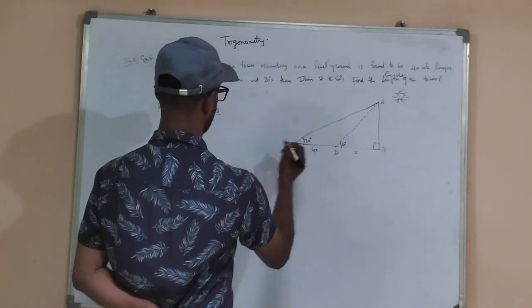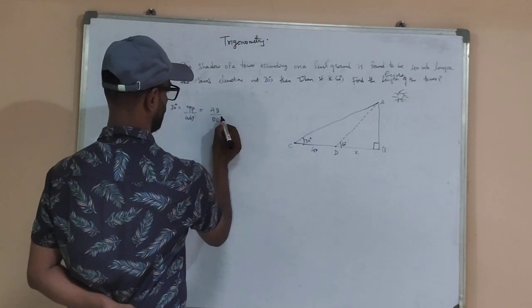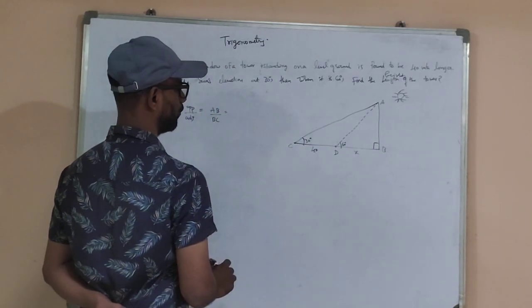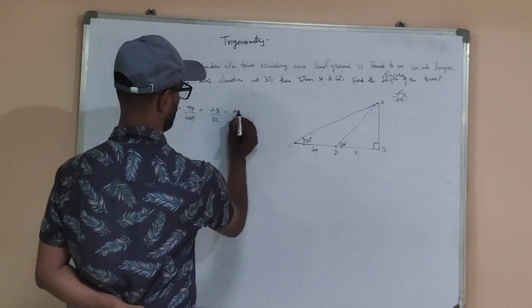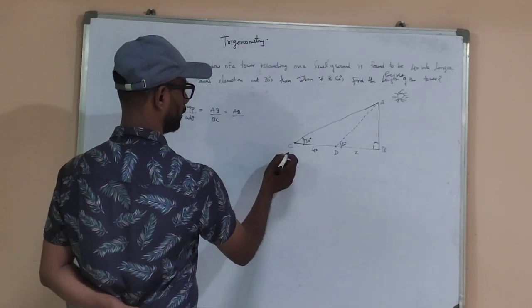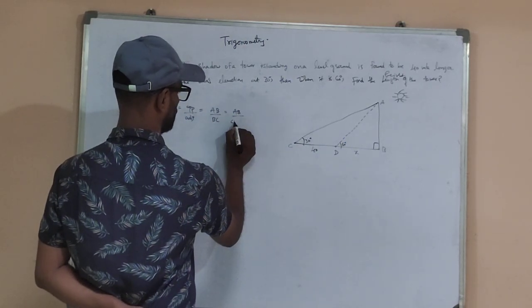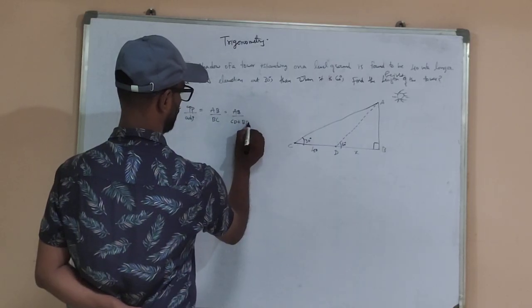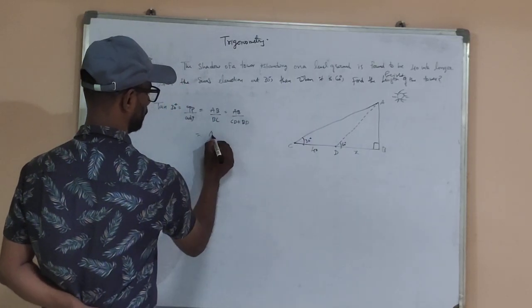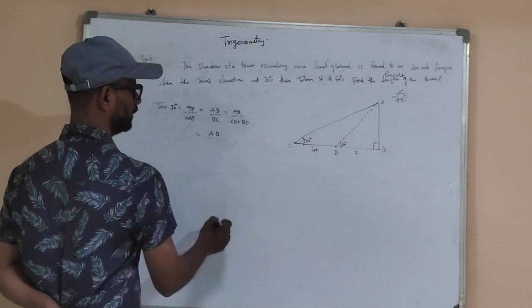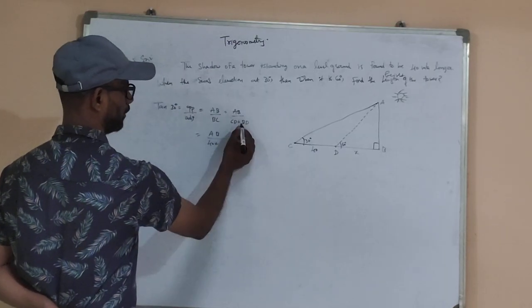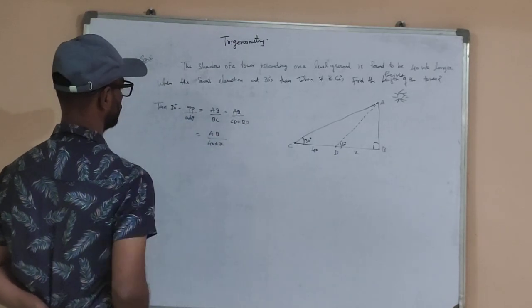Adjacent is BC. That is AB by BC, and BC means CD plus BD. That is equal to AB by 40 plus BD, which is x.